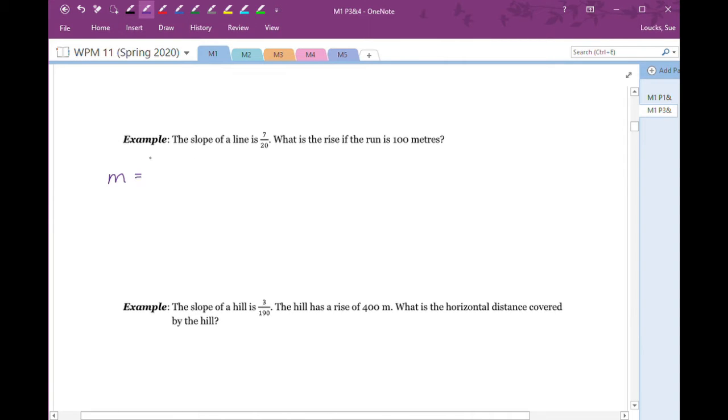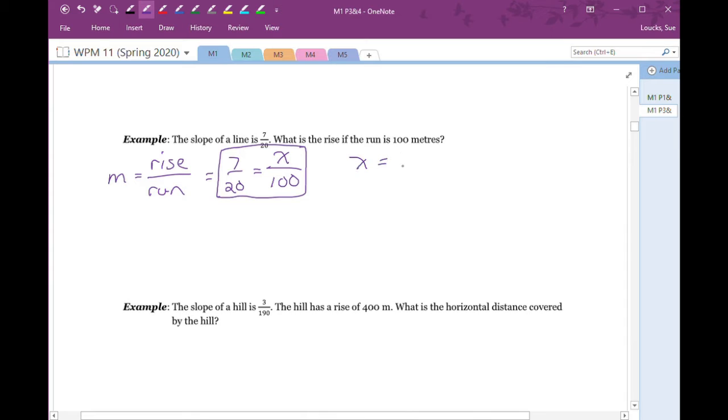We're going to write our formula m equals rise over run, and we know that m is 7 over 20, and we know that the run is 100. So what is our rise? We've got a proportion here, right? We like proportions. They're easy to solve.